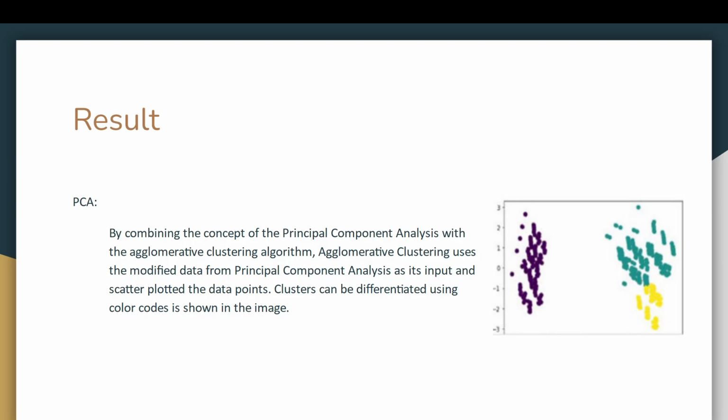There is only a short paragraph in the paper that talks about PCA. It only provides the data that has passed PCA to agglomerative clustering. It does not provide data on how much improvement it has made.